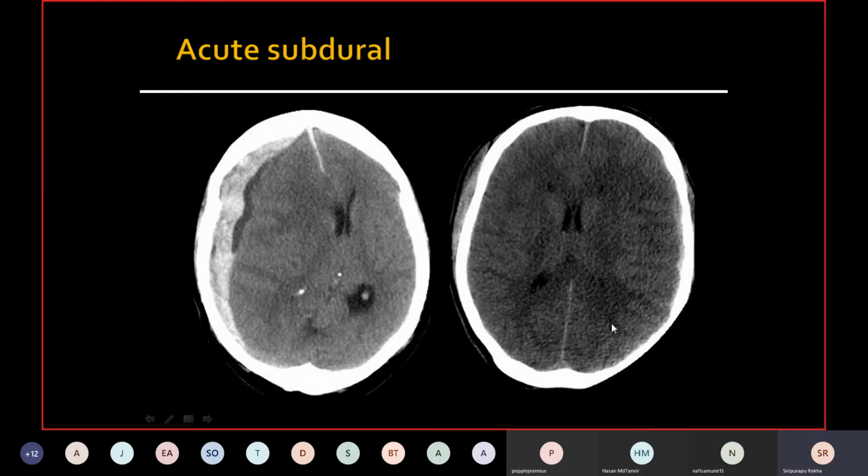What is difficult to pick up on imaging is a subdural hematoma which is really thin, because of the density of the calvarium abutting the subdural, it can be quite difficult to detect. So as in this example, you need to have a really close look to be able to pick up that thin subdural.